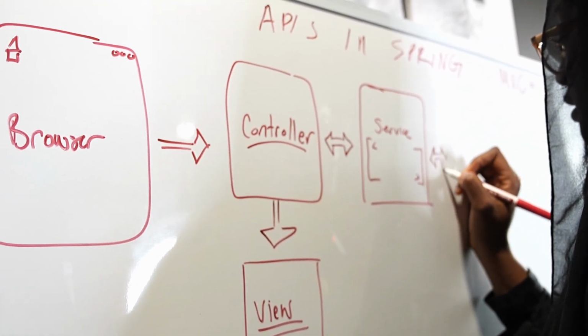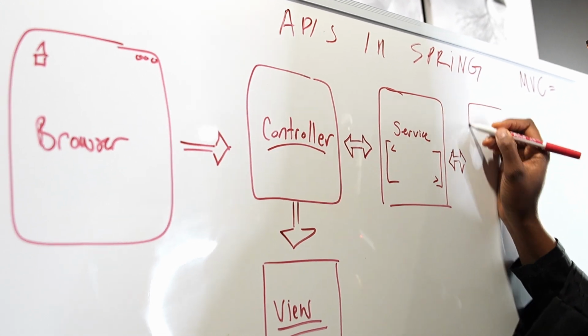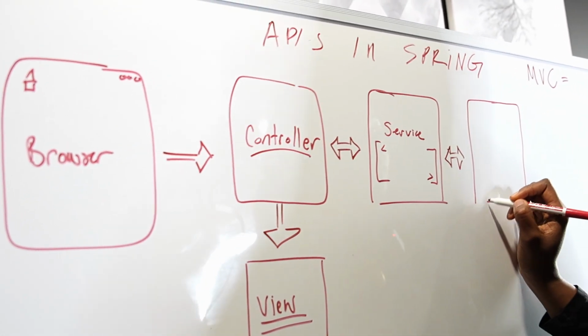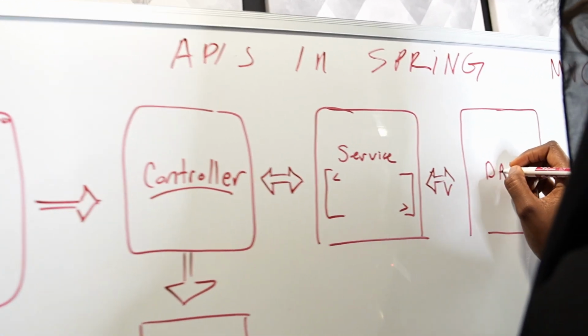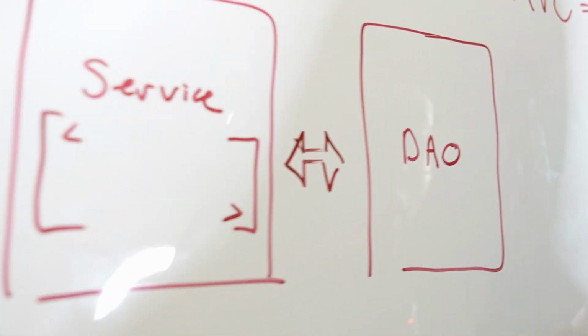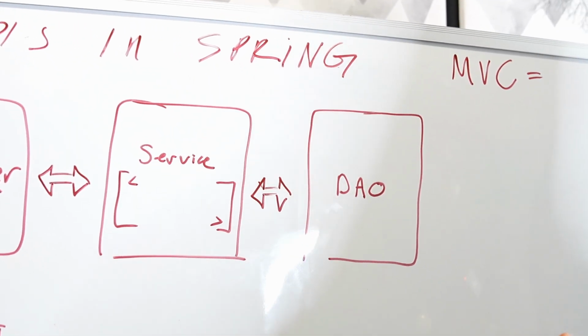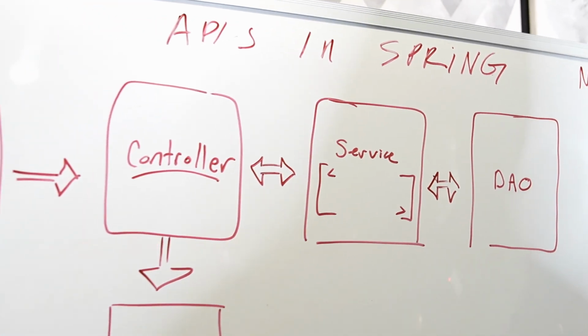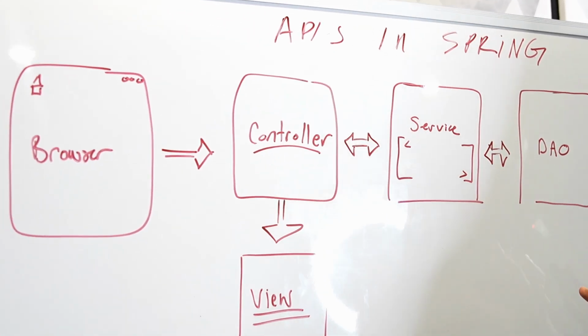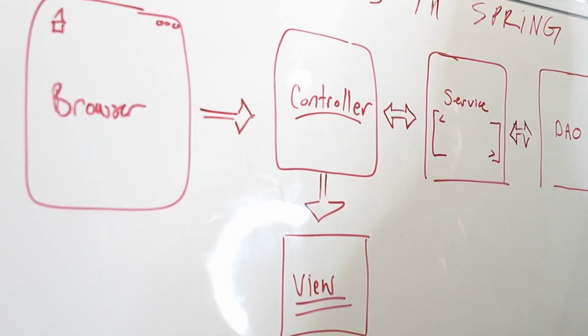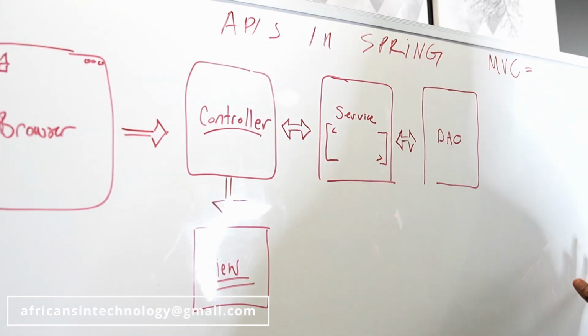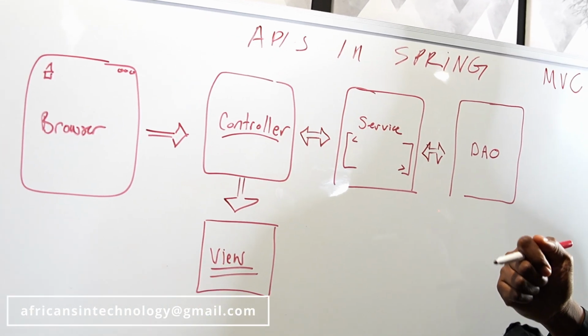So in Spring, DAOs are data access objects. Now, what are those? In object-oriented programming languages, there's a concept called abstraction. Abstraction is when you're separating certain parts of the code so they don't interact too tightly together.